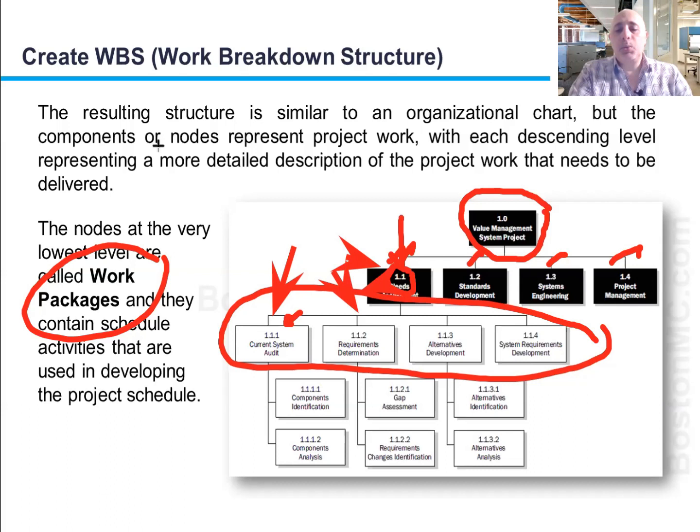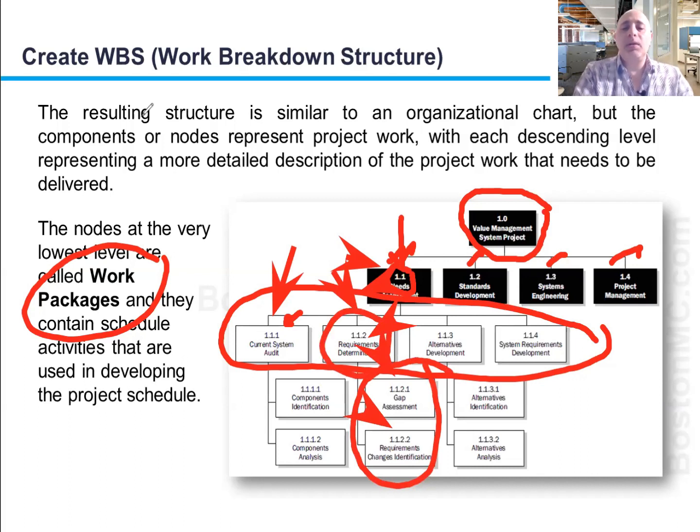Now the 1.1.2 that we see here, when it's broken down below, you'll see that it has 1.1.2.1, and 1.1.2.2. And once these 2 are completed, then this one is complete. And once all 4 are completed, then 1.1 is completed.